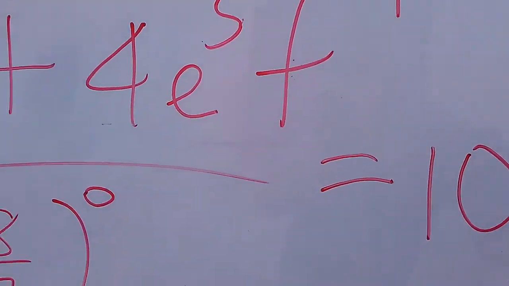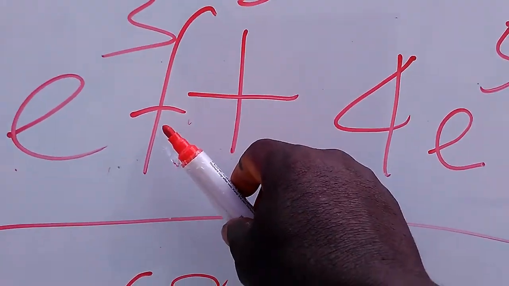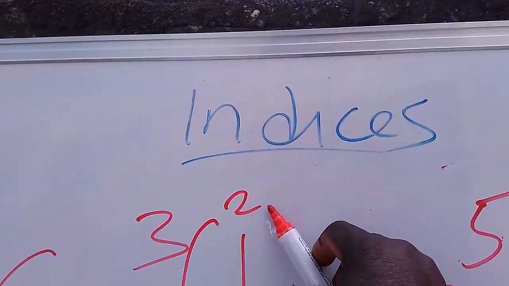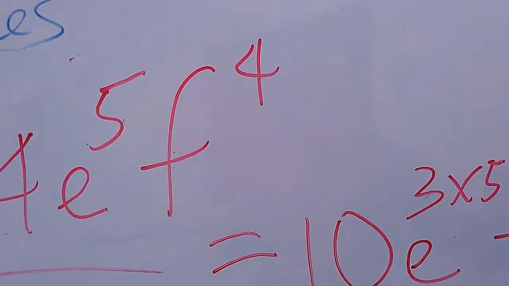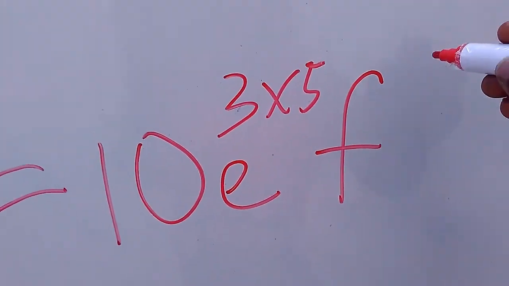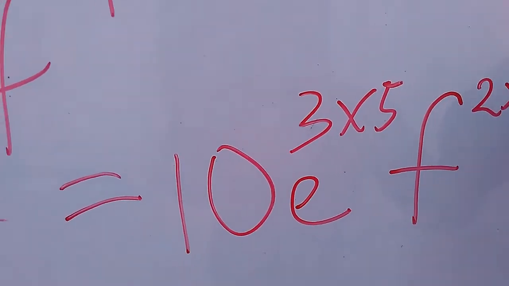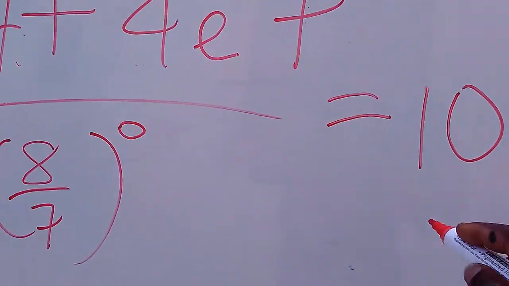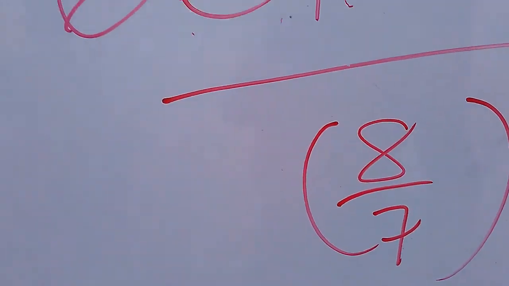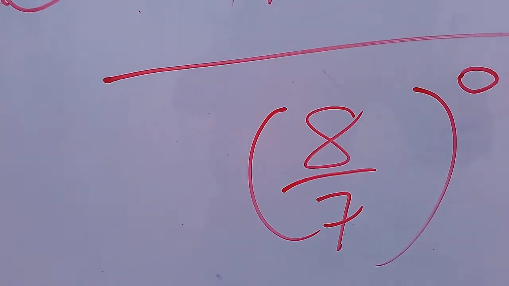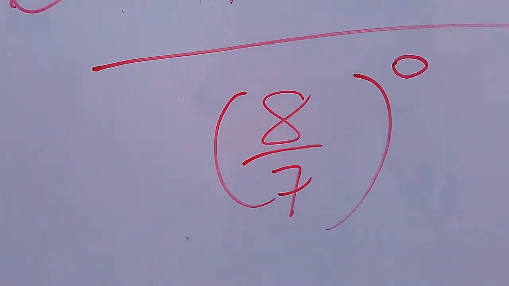Then f raised to the power 2, f raised to the power 4 will give you f to the power 2 times 4. Then all over, like I said, any number or variable that is raised to the power 0 is equal to 1.